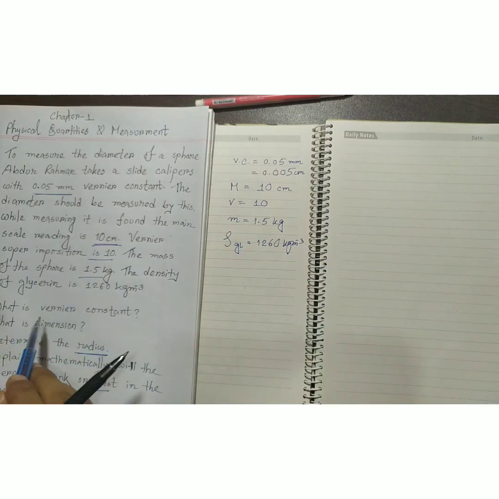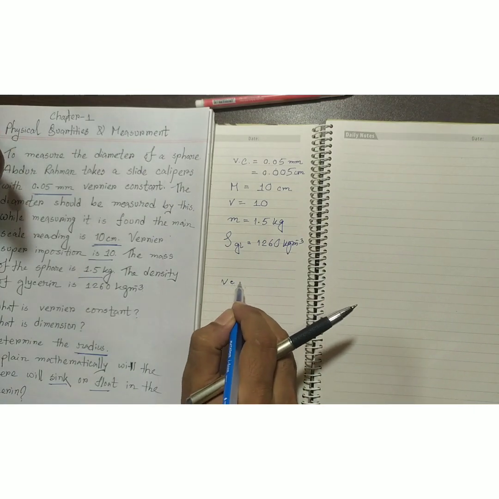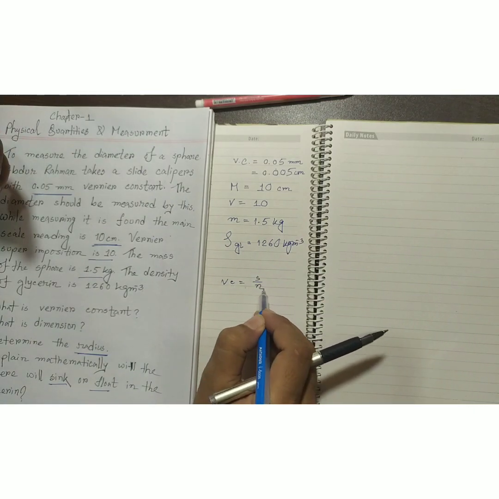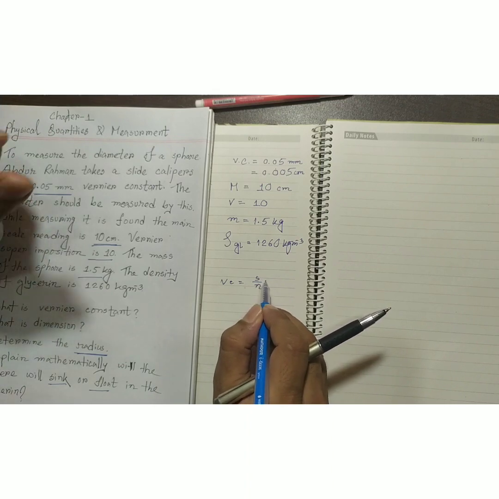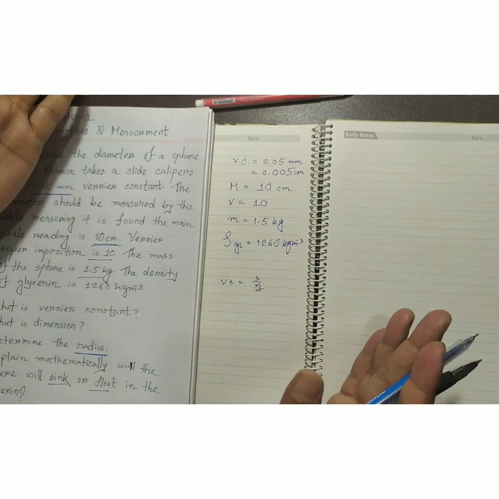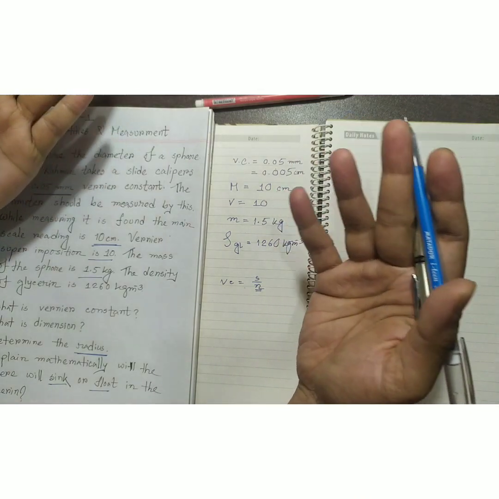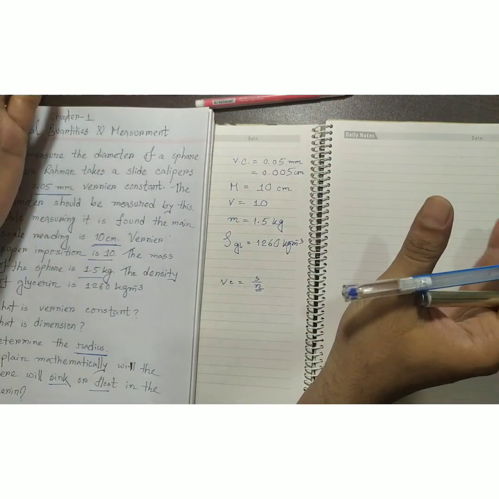So the first question is, what is vernier constant? You know that vernier constant is S by N, where S is the smallest division of the main scale and N is the number of vernier scale divisions. It's very simple, and the definition of vernier constant is also the difference between one division of the main scale and one division of the vernier scale.